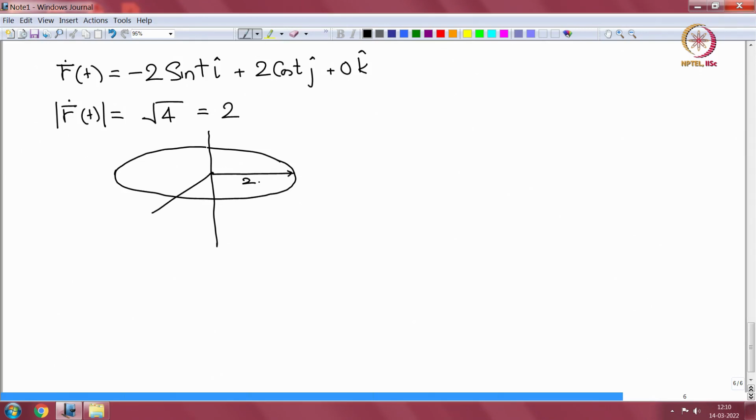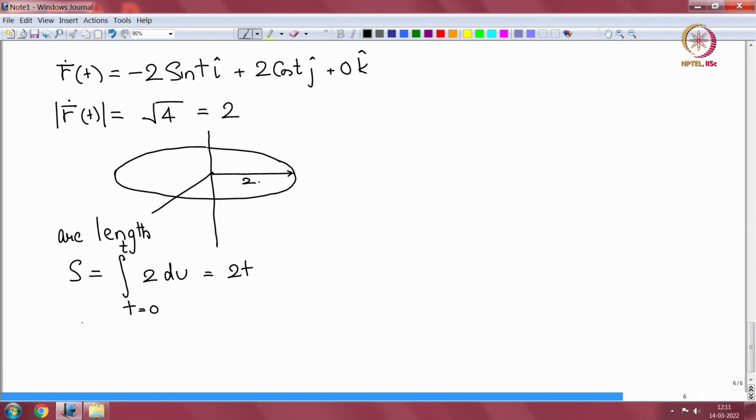So what is the arc length? The arc length s is given by the integral from 0 to t of 2 du, which is equal to 2t.